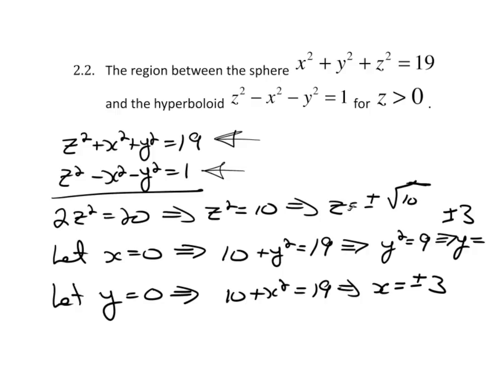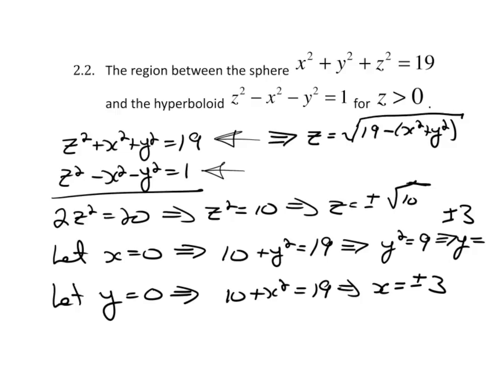Now, the reason I solved for z like this was so I could substitute back in the numerical values and figure out what x and y are. Now, this is actually the sphere part, so I want to think about this in terms of the fact that this would imply that z equals the square root of 19 minus x squared minus y squared.